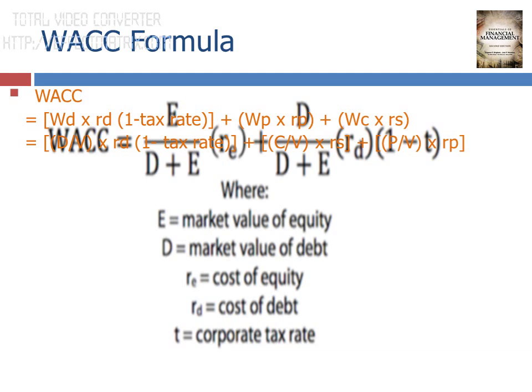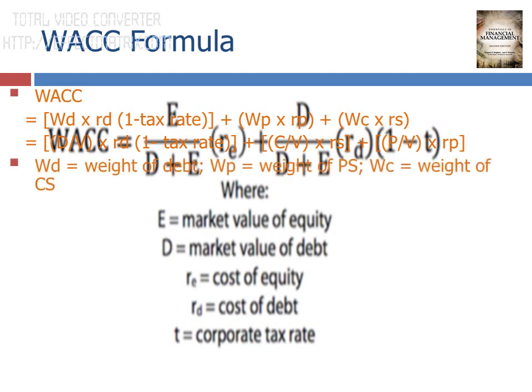So you can see here the weights. There are variables. The D is the market value of debt. C is the market value of common stock. P is the market value of preferred stock. And then the total of the three is the V, or the total market value of the entity. As I mentioned, WD is the weight of the debt, WP weight of preferred stock, WC weight of the common stock.